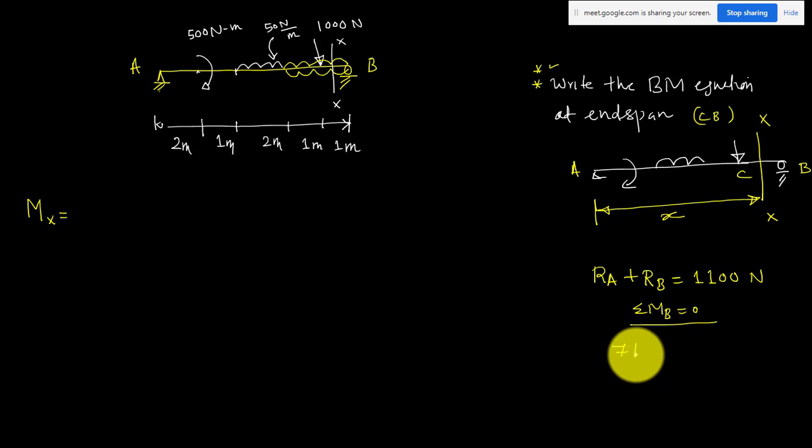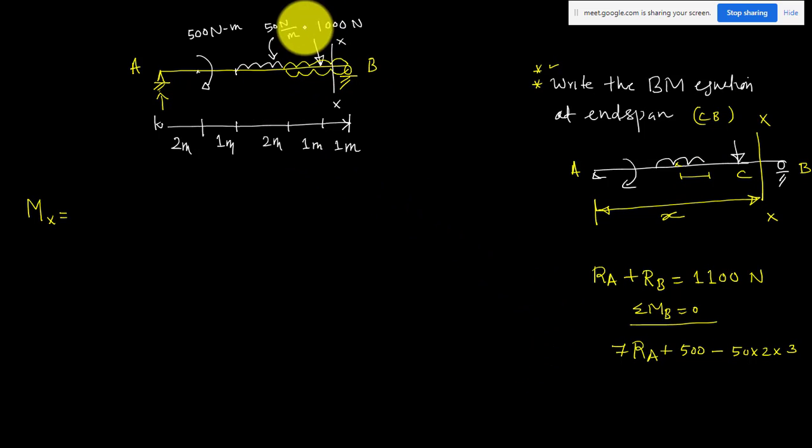So that is 7 into Ra, Ra into 7, that is this length, with the Ra direction as I have taken it. This Ra into 7 is clockwise, so positive 7 Ra, and then I have 500 also clockwise, so positive. Then minus the UDL, 50 into 2. What is the distance from B? That is 1 plus 1, 2, plus 1, 3, because this UDL is acting at the center.